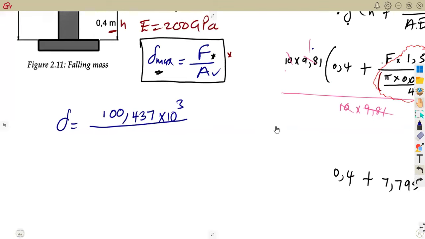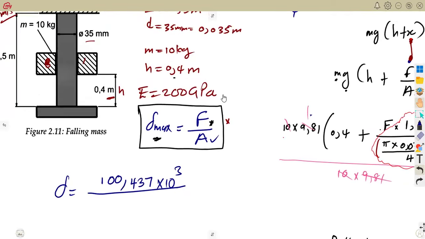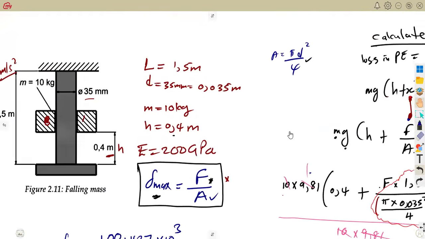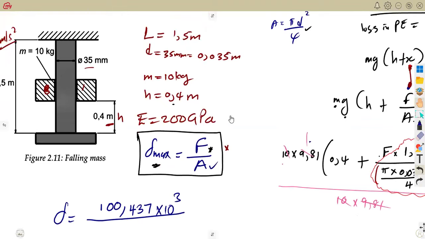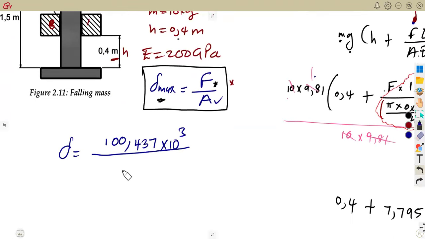What is our area? Remember our area, we talked about this from the diameter, pi d squared over 4, and our diameter is 0,035. So that will be over area, pi d squared, 0,035 squared over 4. Just like this, it was going to give us the stress, which is the maximum stress as being asked on this question.